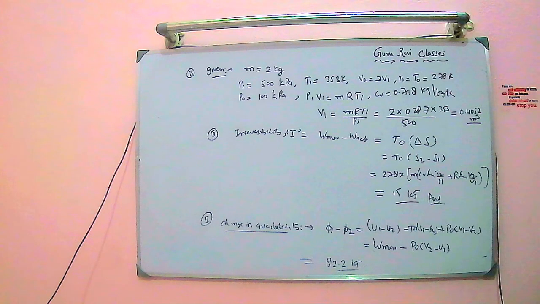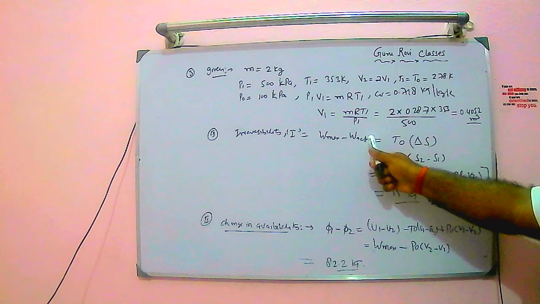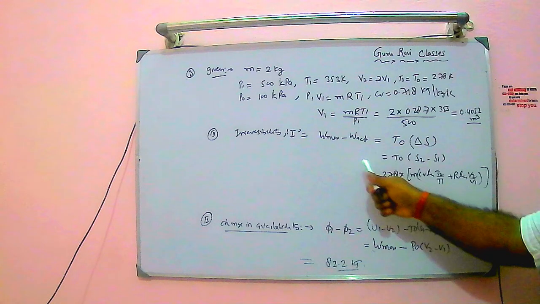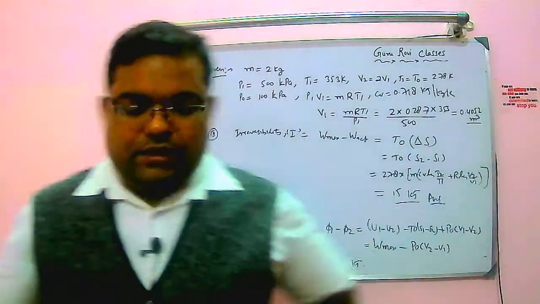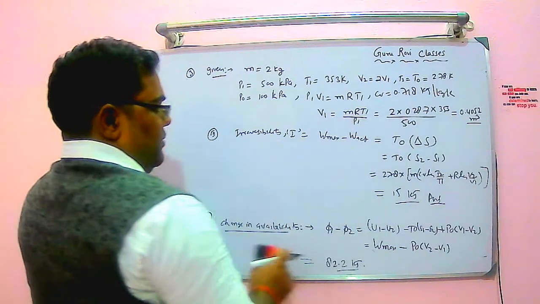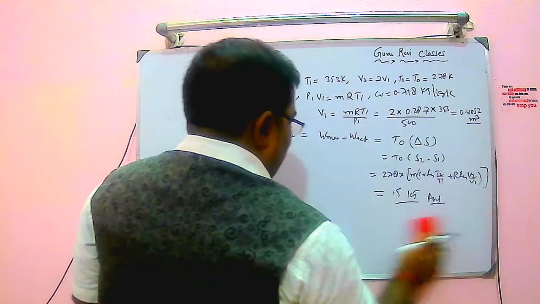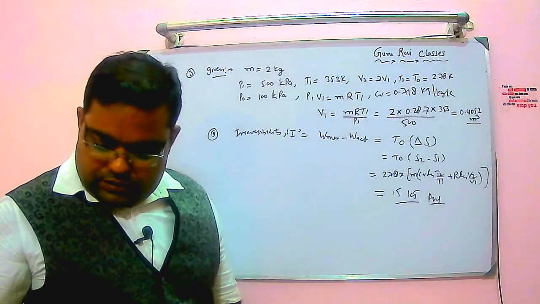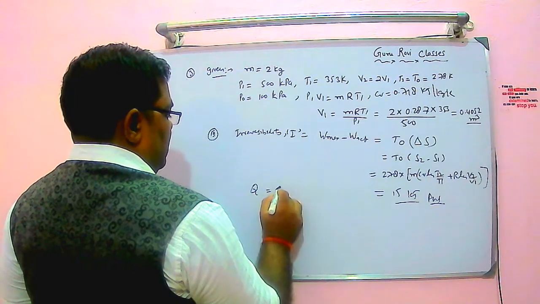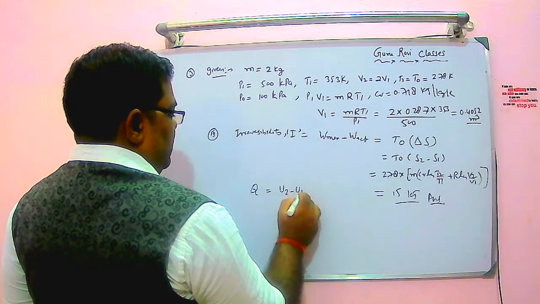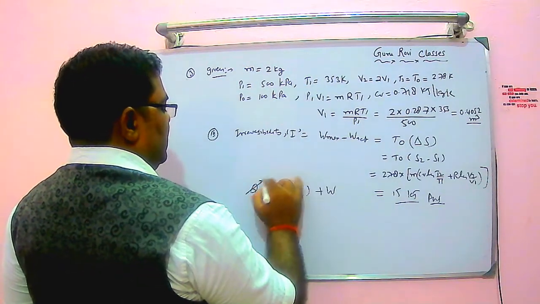Either you can directly use this formula, T naught into delta S, or you can go with the actual work concept. This is one way, the direct formula. The second way is to apply the first law of thermodynamics to get the actual work. From the first law, Q is equal to U2 minus U1 plus W. This is an adiabatic process, so Q is 0.